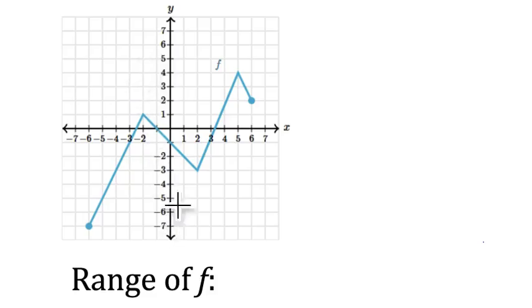So the range are all the y values in between -7 and +4. So we could say -7 is less than or equal to y, which is less than or equal to 4. In other words, y is in between -7 and 4, including the endpoints, because the endpoints are filled in.